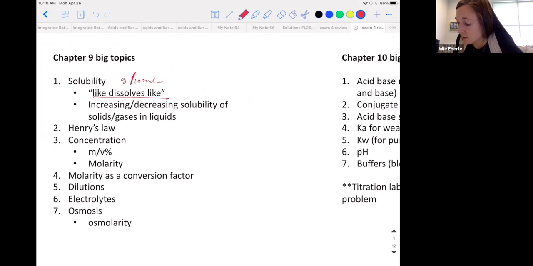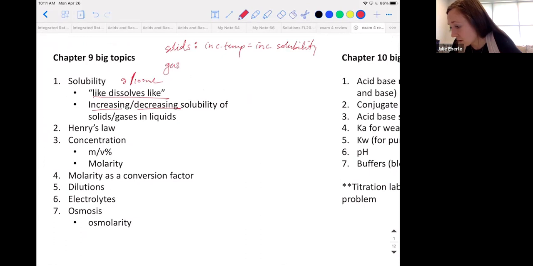Okay. We also looked at increasing or decreasing, how do you manipulate solubility? If you have a solution where you have a solute that's a solid, so a solid in a liquid, versus a gas in a liquid. Okay, for solids, the trend was this: if you increase temp, you increase solubility. Opposite for gases.